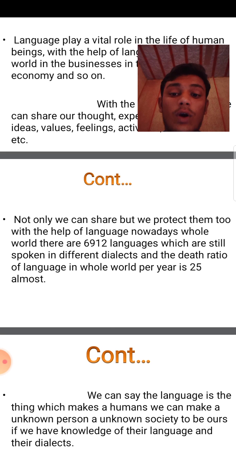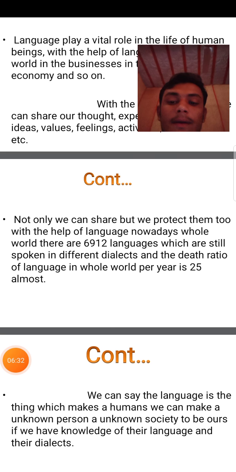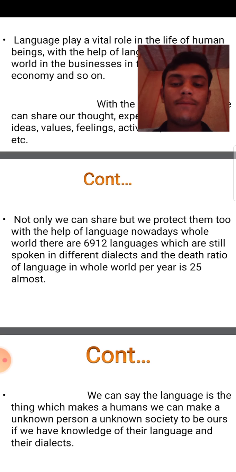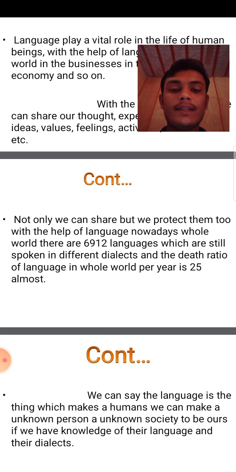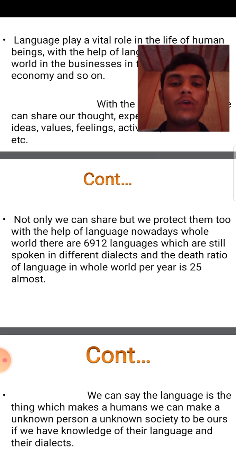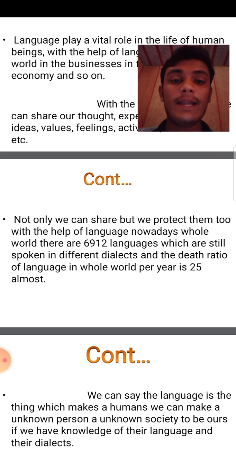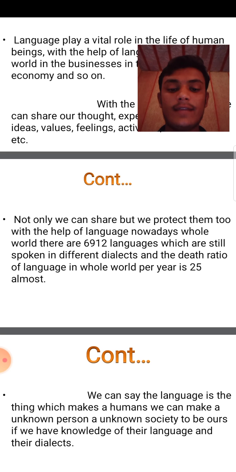Nowadays, in the whole world there are 6,912 languages which are still spoken in different dialects, and the death ratio of languages in the whole world is almost 25 per year. This is the importance of language.